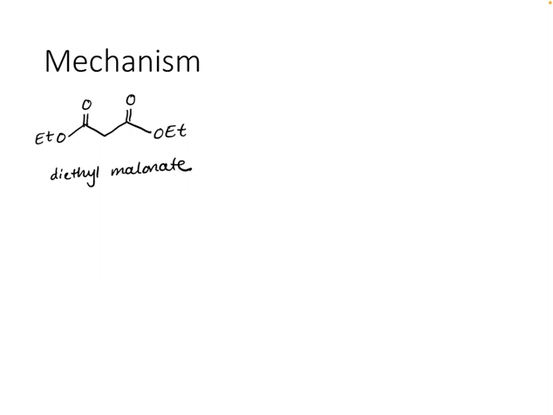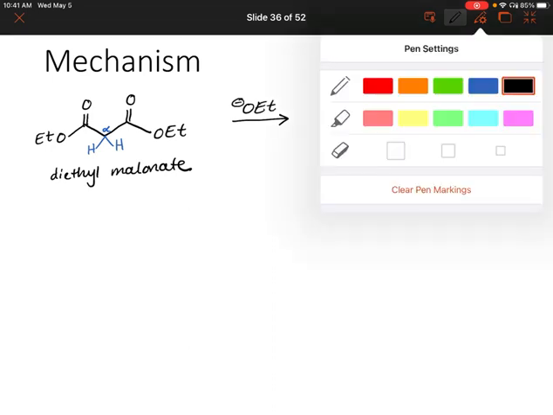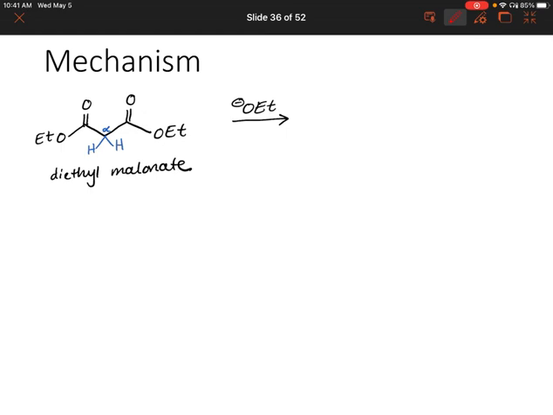We're going to start with that diethyl malonate. Remember that if you have 2 carbonyl groups with an alpha carbon in the middle, the alpha protons are very acidic because the conjugate base is very stable. So in this first step, we are going to use an alkoxide base that matches the ester leaving groups, similar to what we talked about with previous mechanisms.